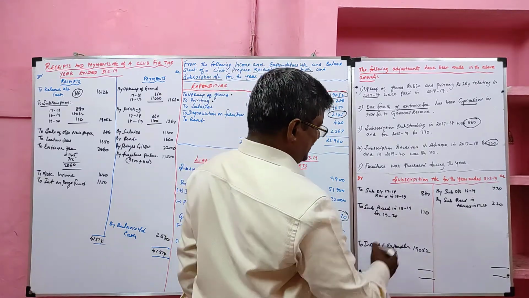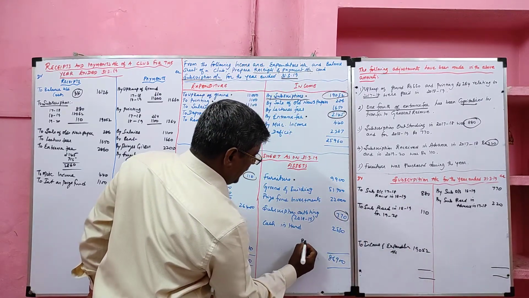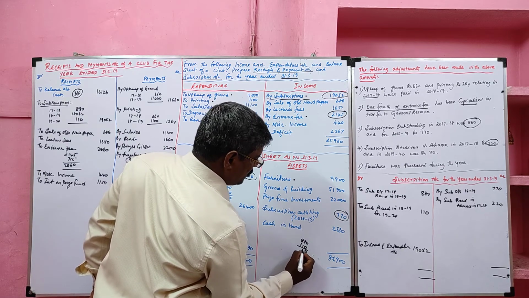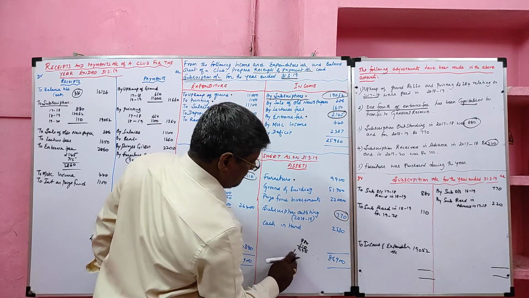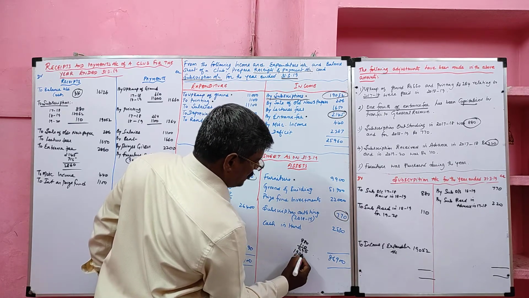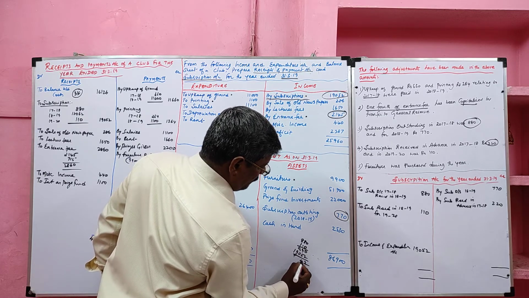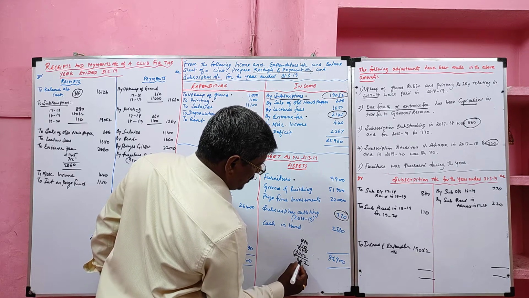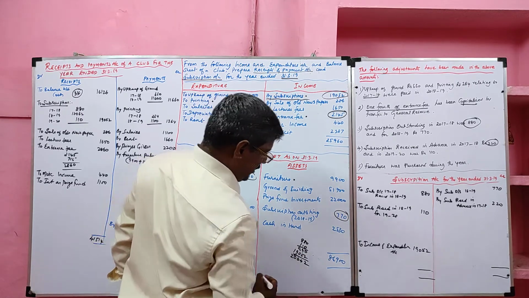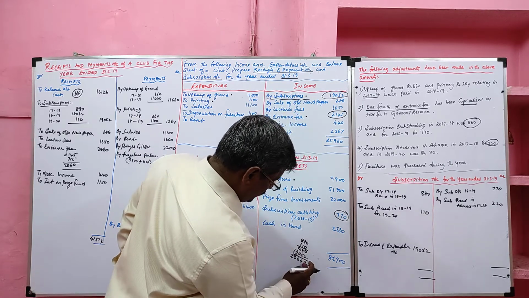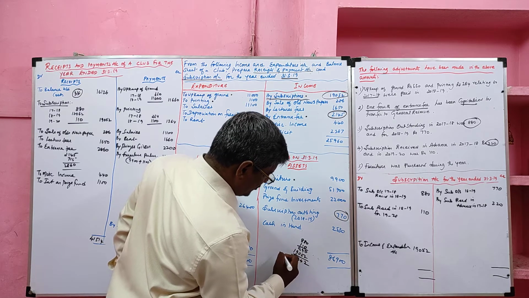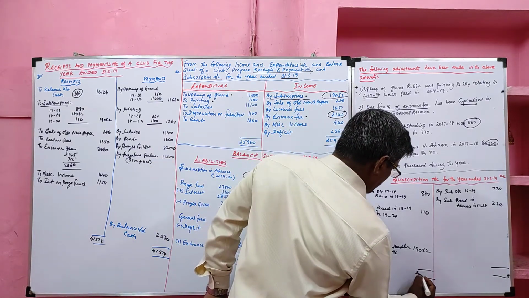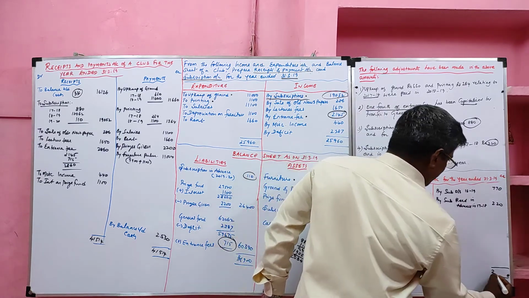Now I am going to balance this. I am going to add. So 880 plus 110 plus 19,052, the total is 20,042.